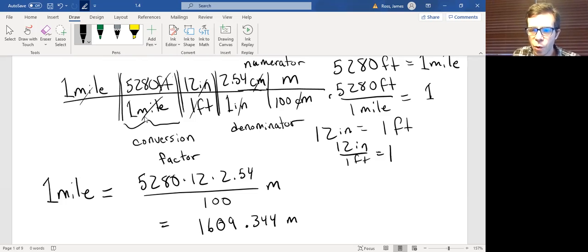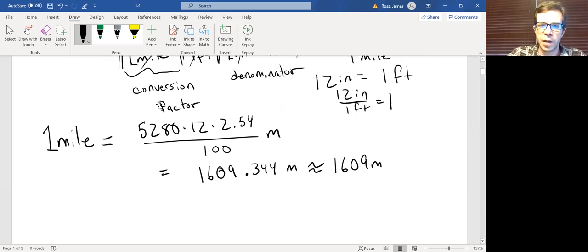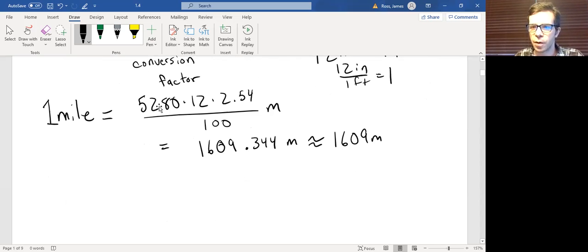All right, which is approximately 1,609 meters, which is what we typically use as our conversion factor for miles to meters. The way that I've done it is precise. Each one of these is a definition. We're not talking about significant figures yet, but I'm going to do that in the next video, and we'll see why that's significant.